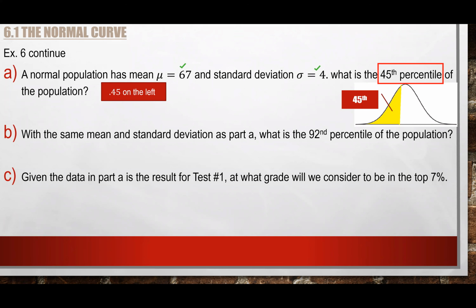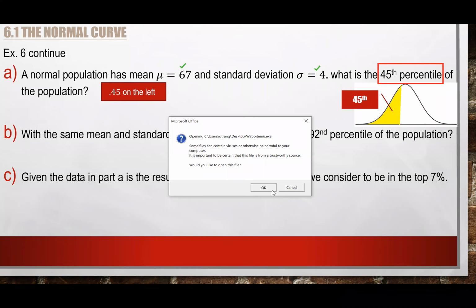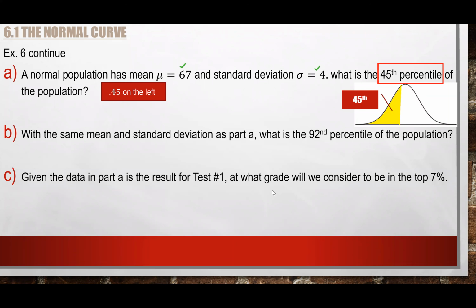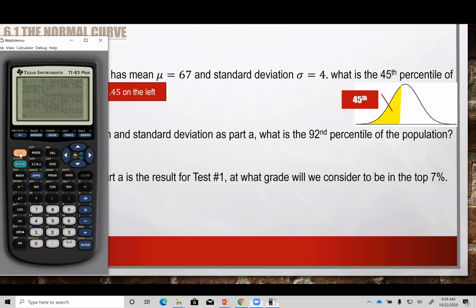So now it's just changing the word, but we know the area on the left. To go back to your calculator, for those of you who weren't here last time, you need to hit second VARS, and like I mentioned, we only use the normal CDF and the inverse norm.